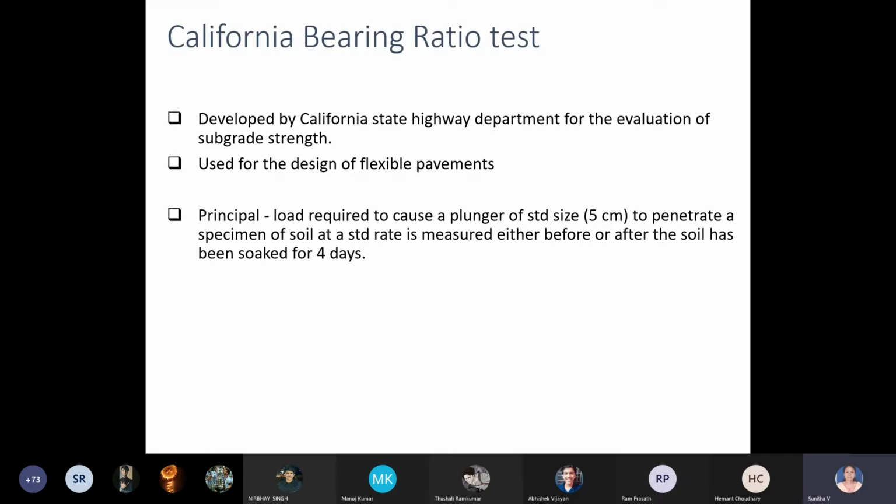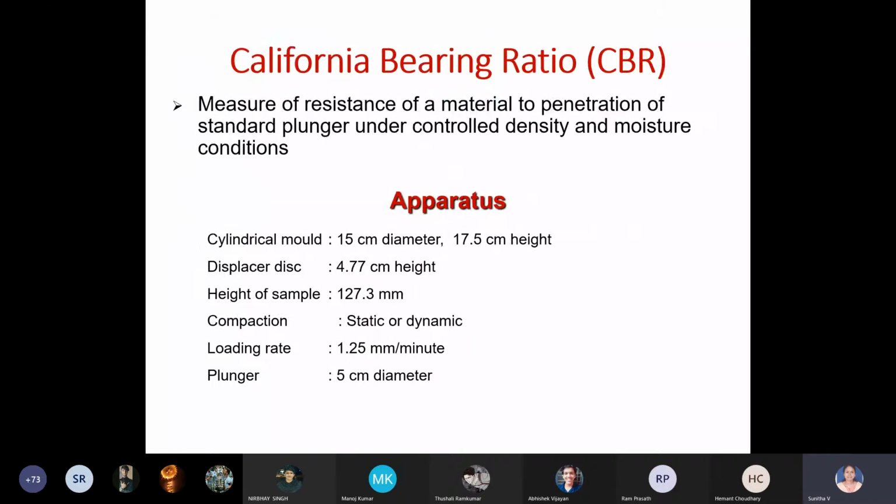If the pavement is in a heavy rainfall area, then it will be subjected to rainfall and will always be saturated. So to check this situation, the CBR soil is soaked in water for 4 days.